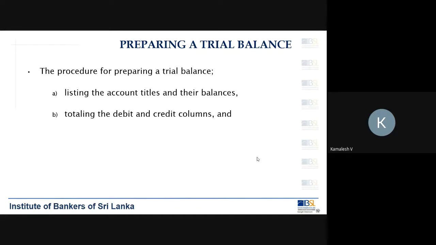So we will have a list of accounts, and you will have 2 more columns to reflect the debits and the credits. If the totals of the 2 columns are equal, then we say that the mathematical equality is established.